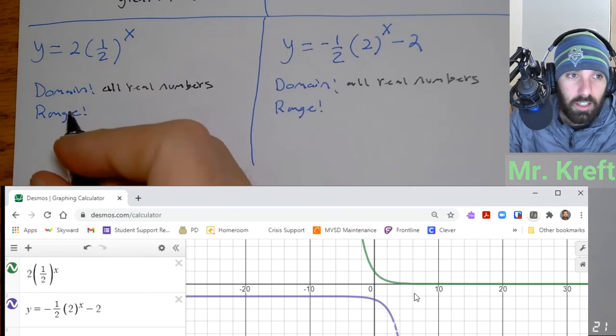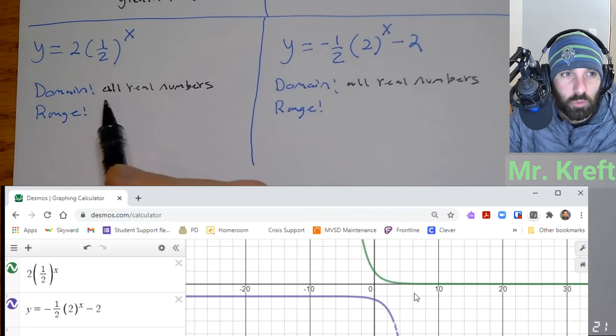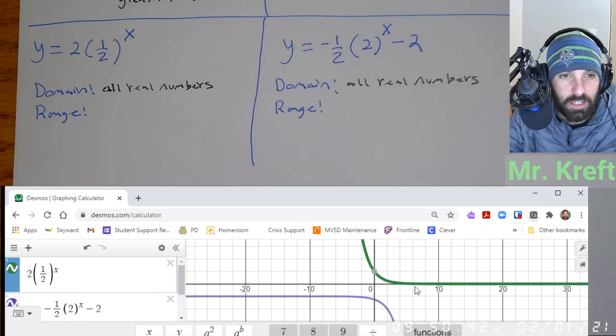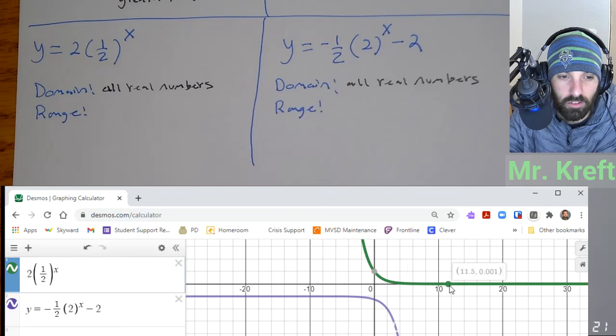Okay, and then really quickly, help me out. So I graphed both of these. What do you guys think? So for this first one, so on my screen it's green. On this first one, is it above or below? And what number is it above or below? So take a look at this green one. So in chat, you guys can just answer, is it above or below? And what is it above or below?